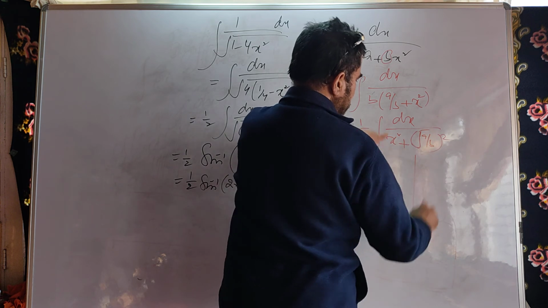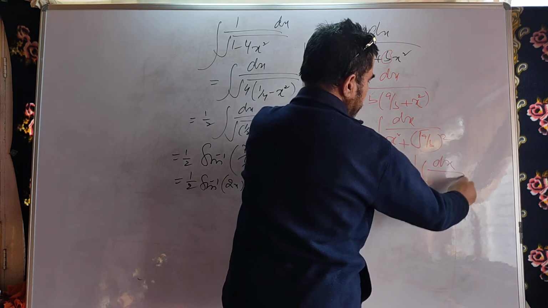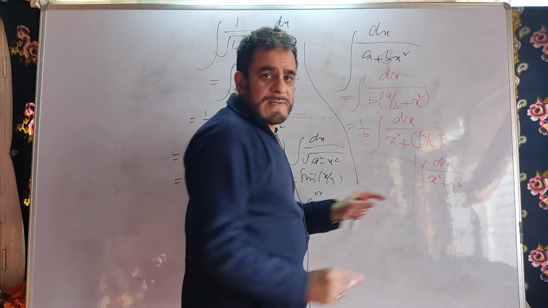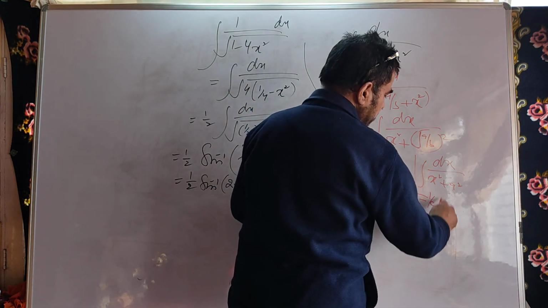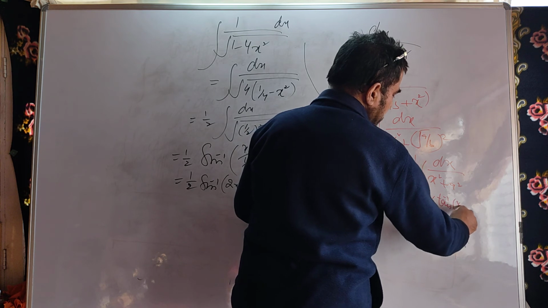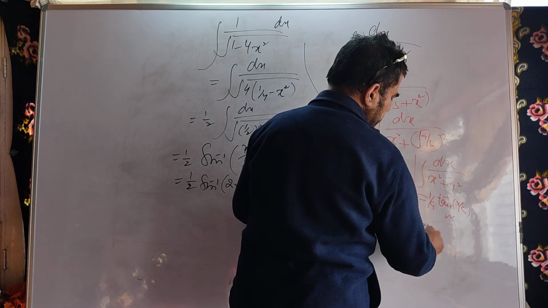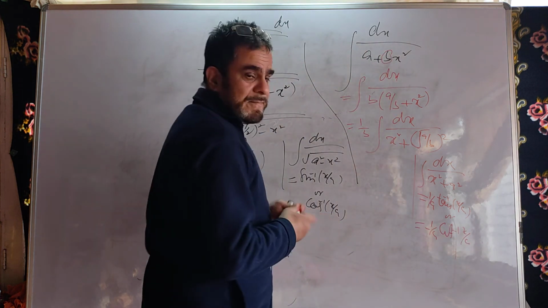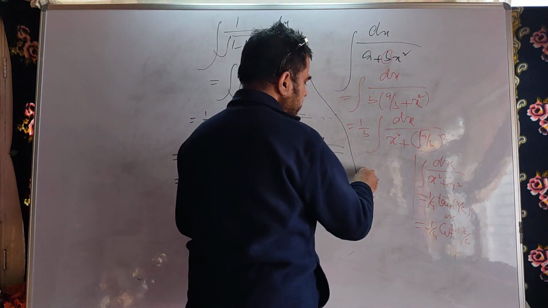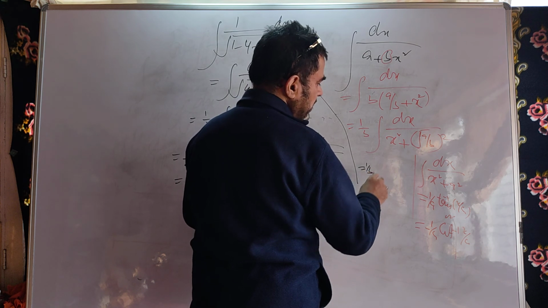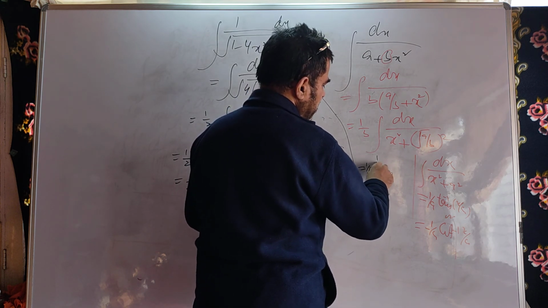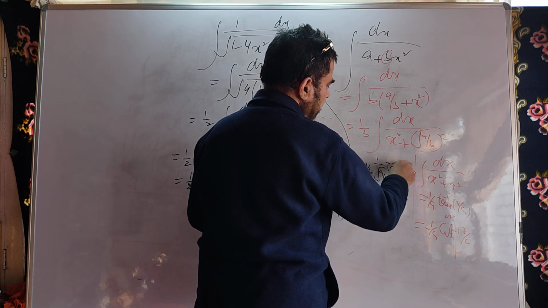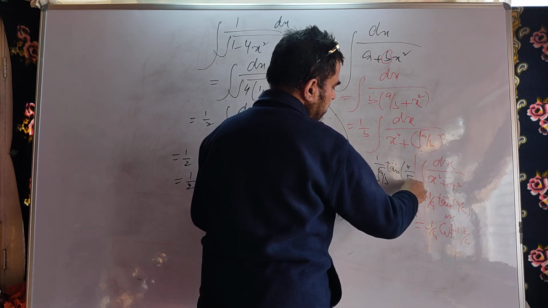Now this is the standard result, dx by x square plus a square. You know this result. What is this? This is 1 by a tan inverse x by a, or it is minus 1 by a cot inverse x by a, whatever you write. So accordingly this is 1 by b, as it is 1 by a, 1 by root of a by b tan inverse x by root of a by b.